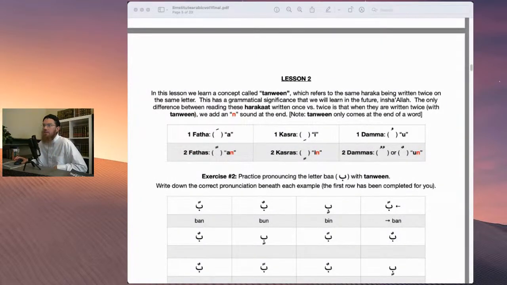So let's see if everyone is following along. If there are two of the same haraka written above or beneath a letter, what is that called?